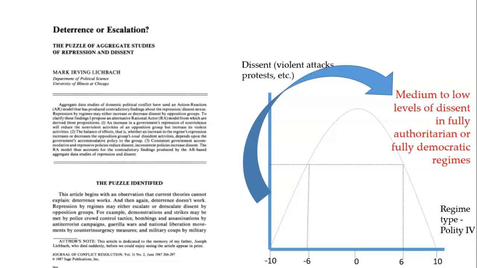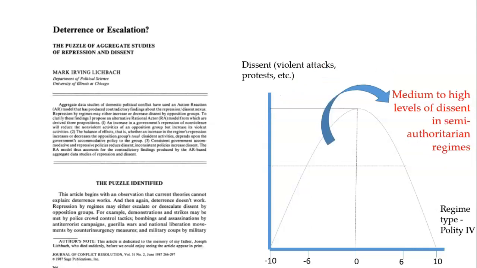So they experience low levels of dissent, like protests, violent attacks, insurgencies, and these kinds of things. But semi-authoritarian regimes don't have the capacity to repress, and they don't have the levels of responsiveness of the democratic regimes. Then they tend to experience high levels of dissent, right?